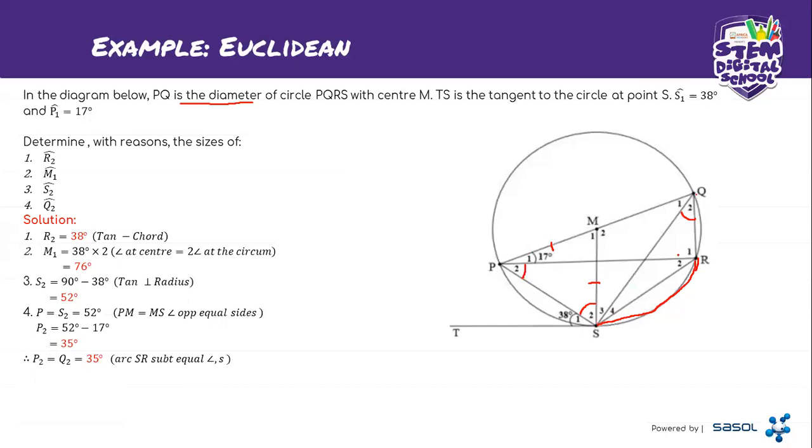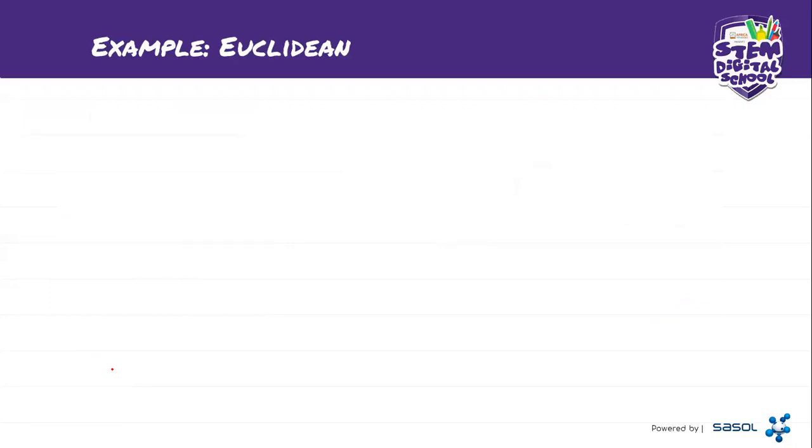Chord SR subtends equal angles, or you can say arc SR subtends equal angles, all right? Or you can say angles in the same segment. And therefore, we've now determined angle R2, which is 50.